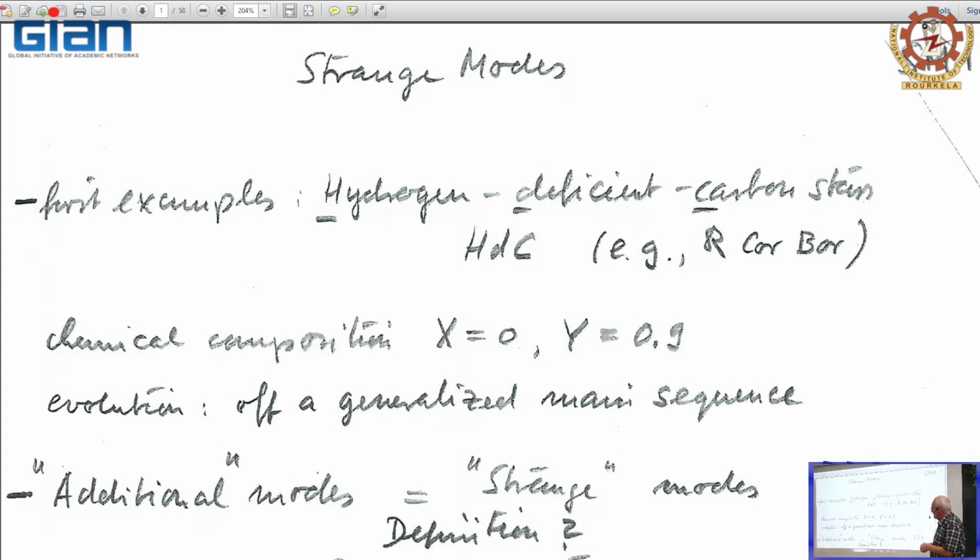Well, one can represent models for these stars by following the evolution of a generalized main sequence. Generalized main sequence means we are constructing main sequence models using an initial composition which does not contain hydrogen but which contains only helium. That means this main sequence is defined by the ignition of helium rather than of hydrogen.